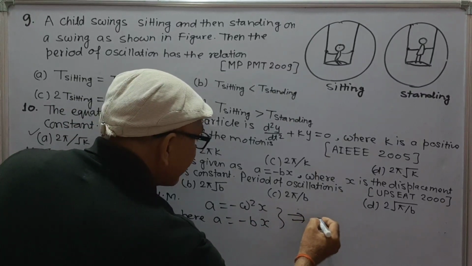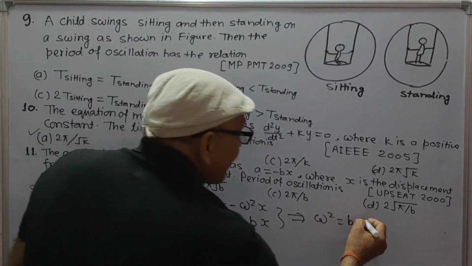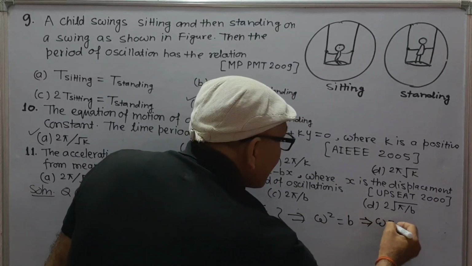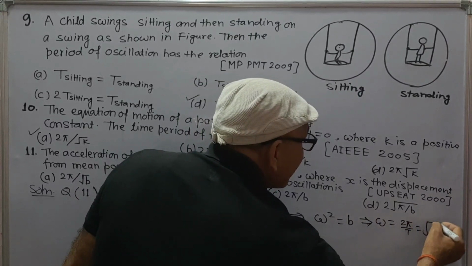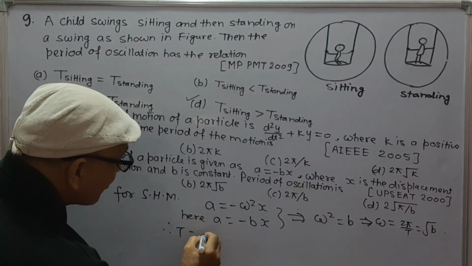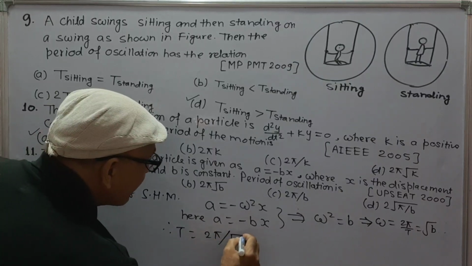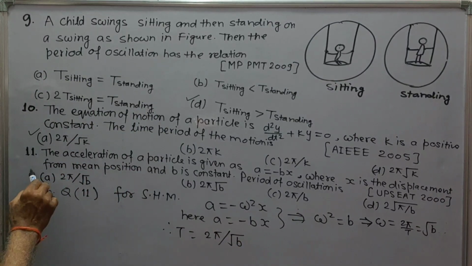Comparing these two, we get omega square is equal to b. So, omega will be equal to 2 pi by T is equal to root b. Therefore, T will be equal to 2 pi upon root b. Means correct option will be A.